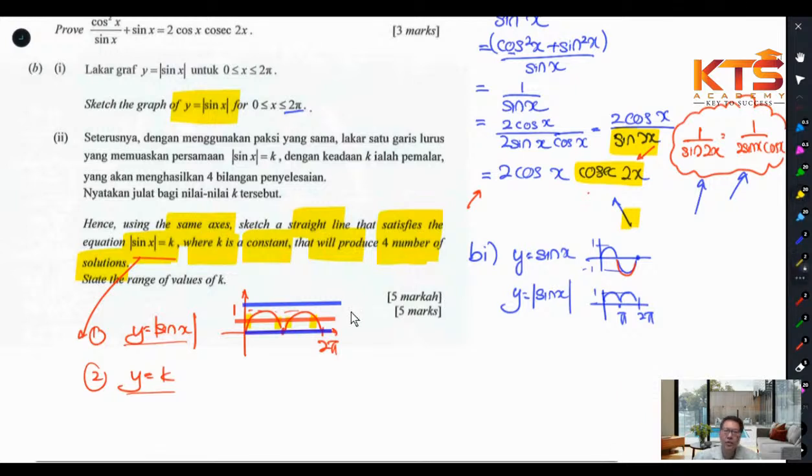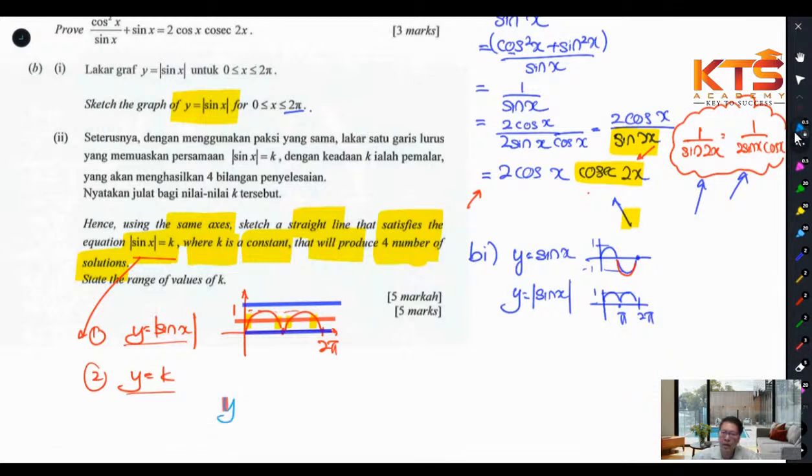Then can I put it here? No, cannot. So can I put it here? I will have 2 solutions. When I put y equals 1, I have 2 solutions, so I shouldn't put it there.